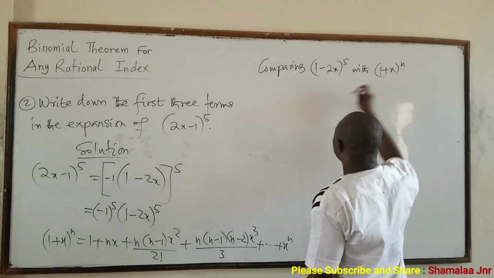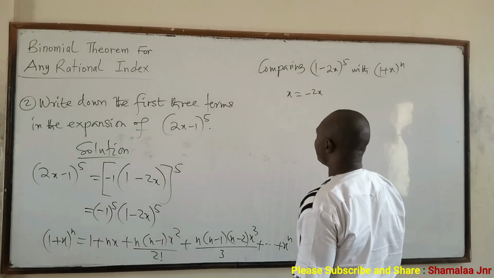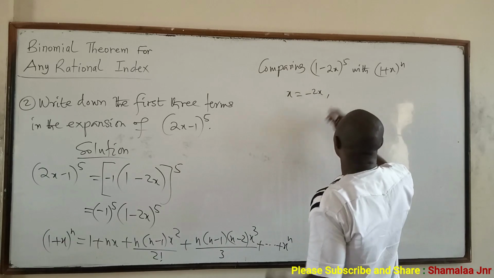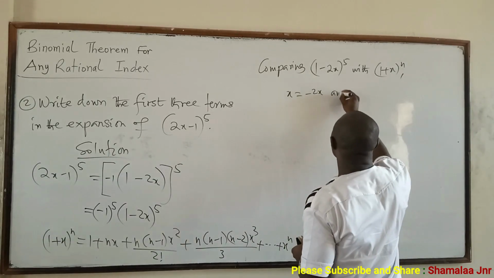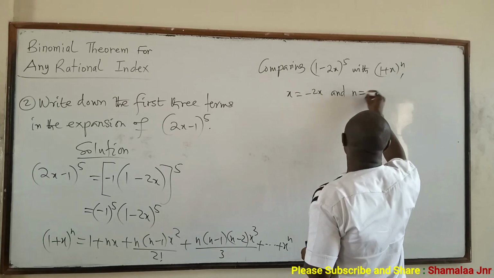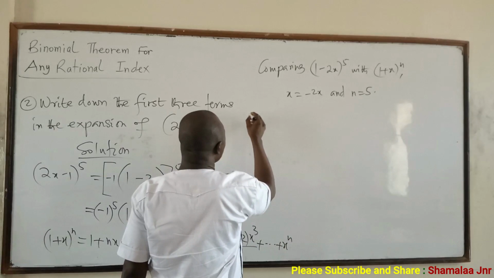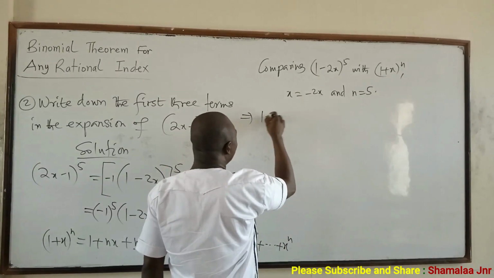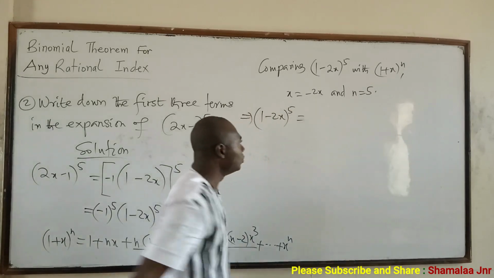But this x is equal to -2x. Are you seeing it? And so comparing this one with this, you can see that x is equal to this, and n is equal to what? 5. Yes.